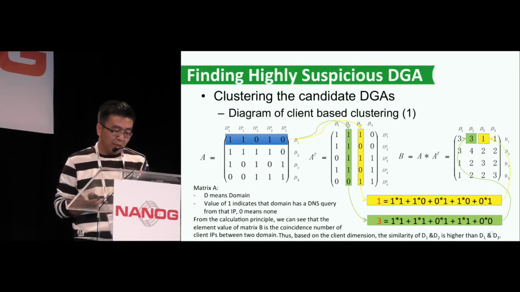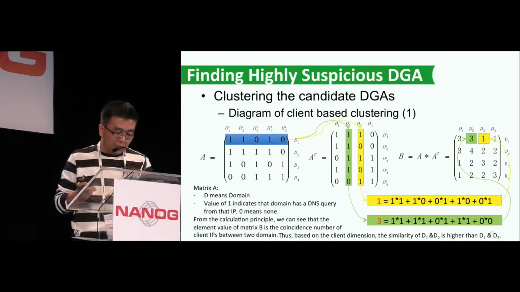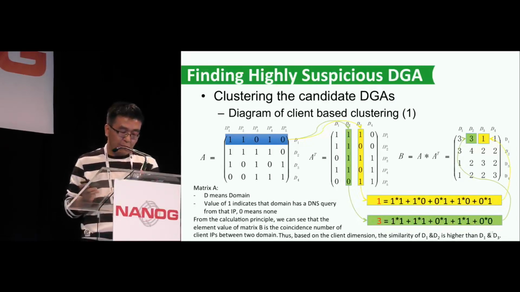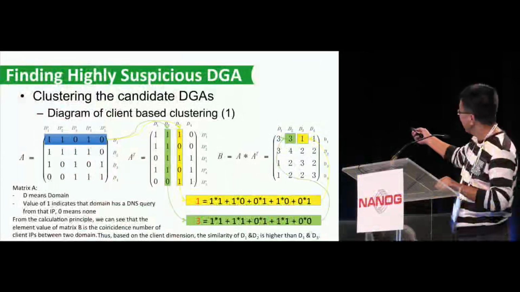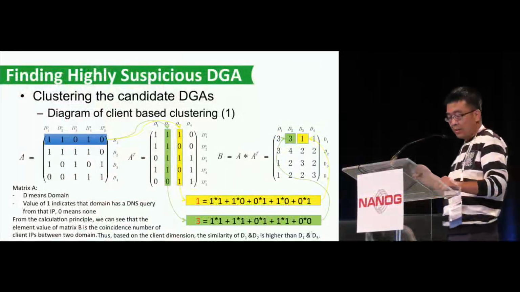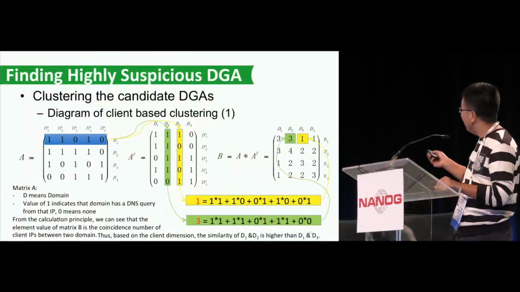In this example, we can see that the element value of matrix B is the coincidence number of client IPs between two domains. Thus, based on the client dimension, the similarity of D1 and D2, three there in the green box, is higher than D1 and D3, 1 in the yellow box.